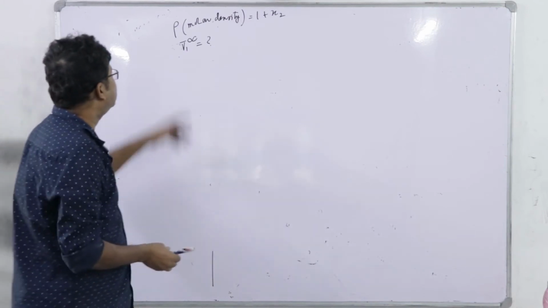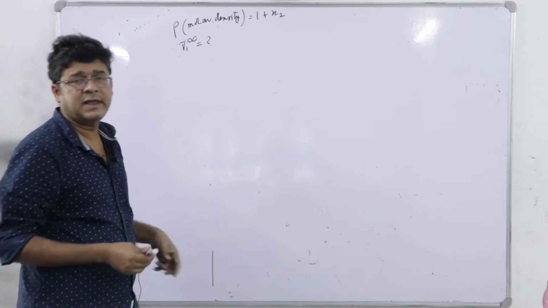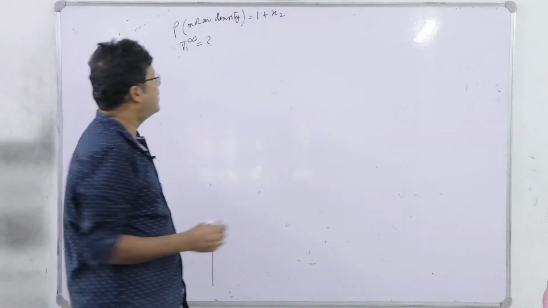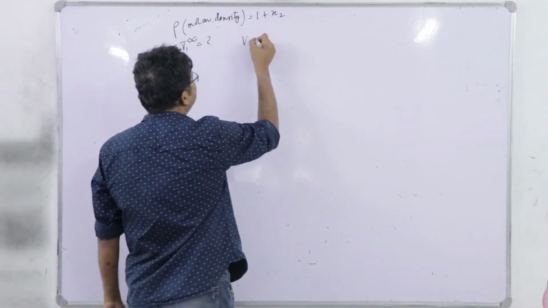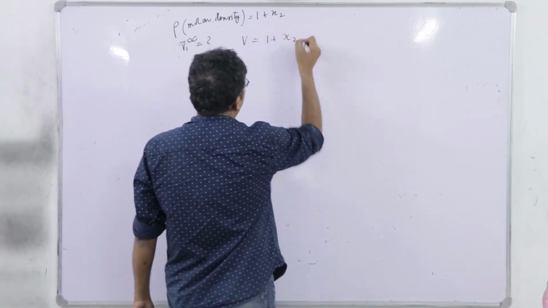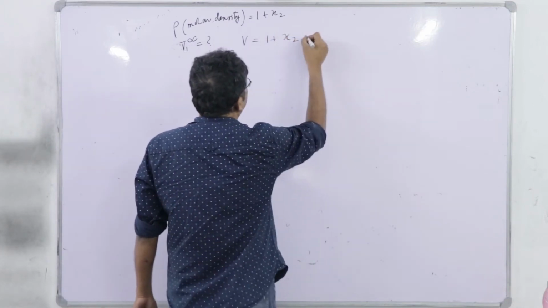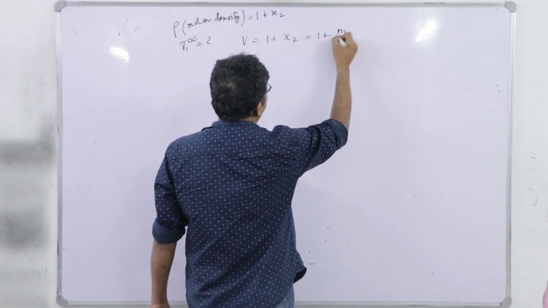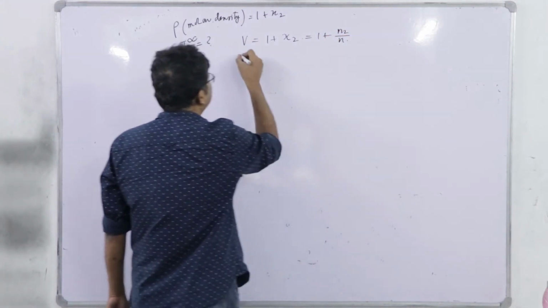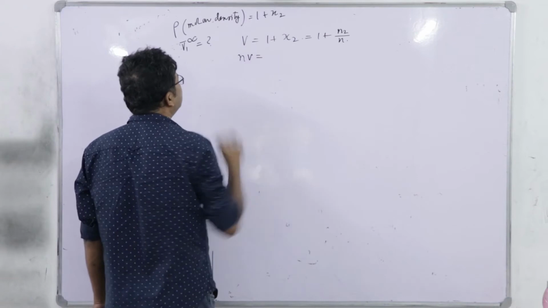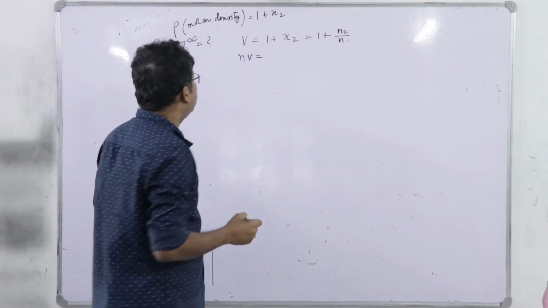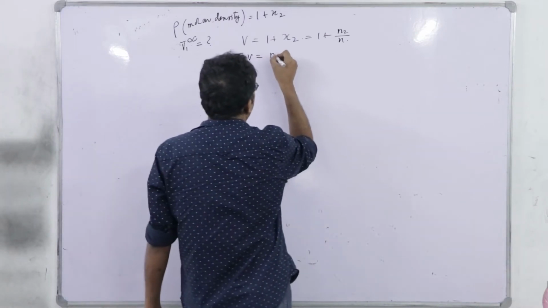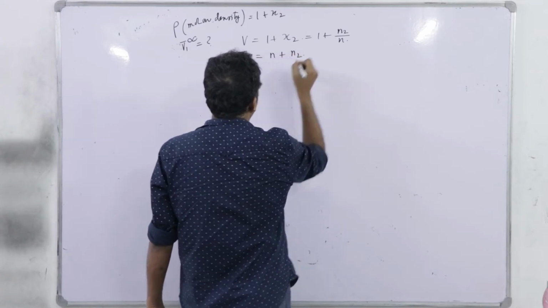So, you see this molar density, if we just take the reciprocal, it will become the molar volume. So, V is equal to 1 plus x2, right, and x2 is equal to N2 by N. So, NV, because we have to find V1 bar first, NV is equal to N plus N2.